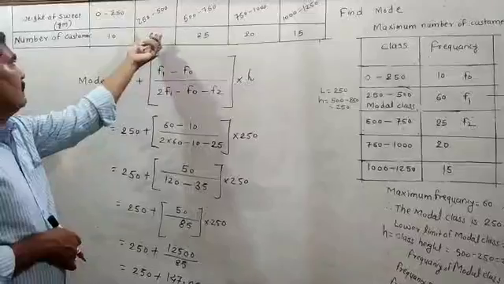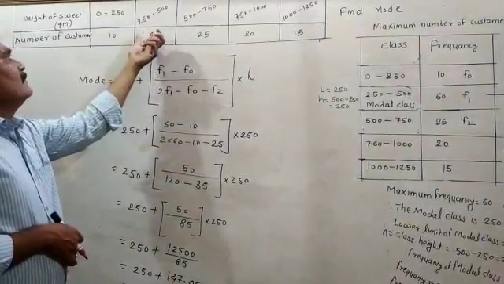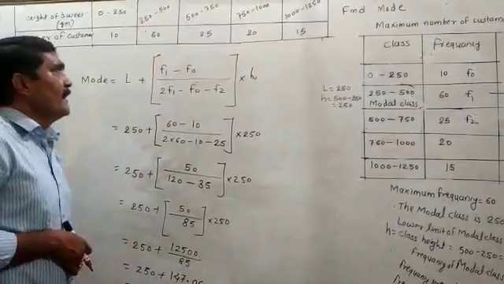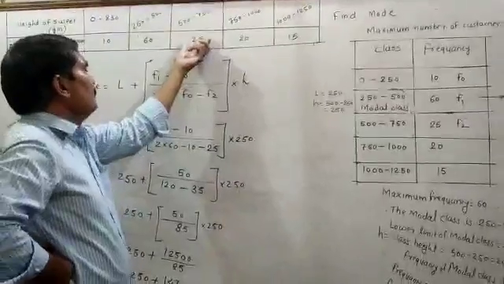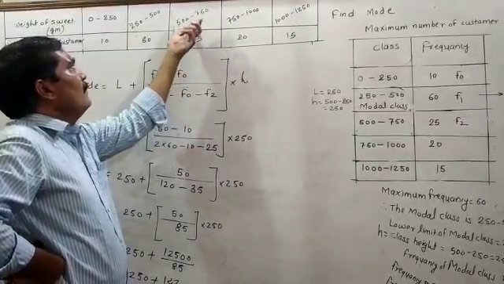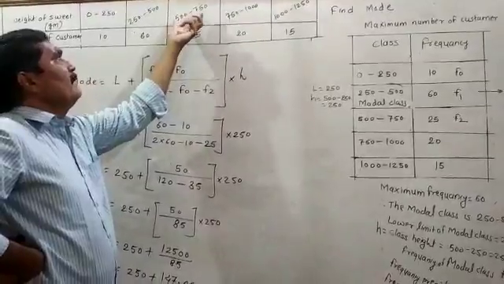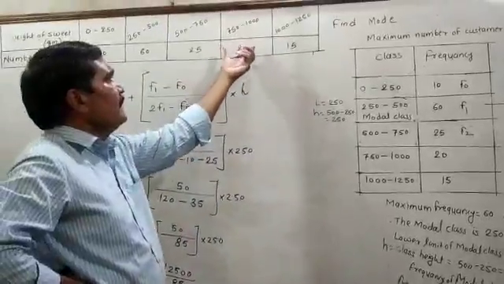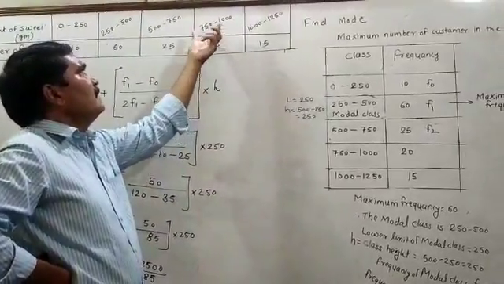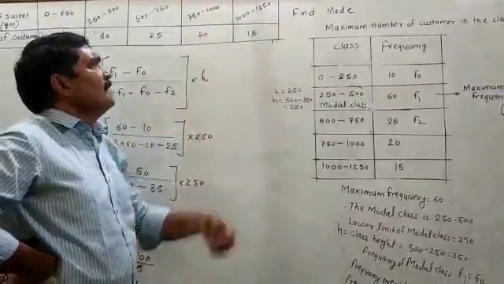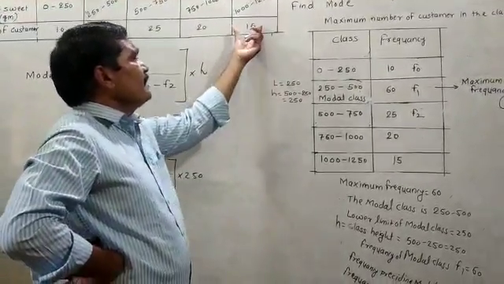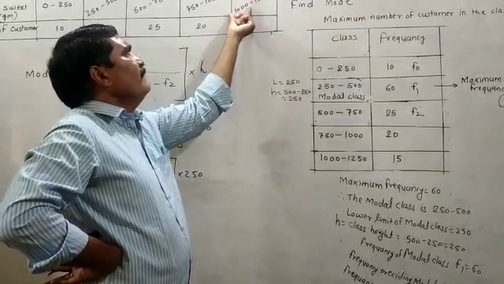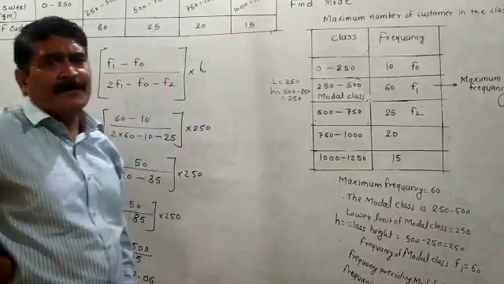These 60 customers demand the sweet whose weight is in between 250 to 500 grams, and 25 customers demand the sweet in between 500 to 750 grams. 20 customers demand the sweet in between 750 grams to 1000 grams, and 15 customers demand the weight in between 1000 grams to 1250 grams.